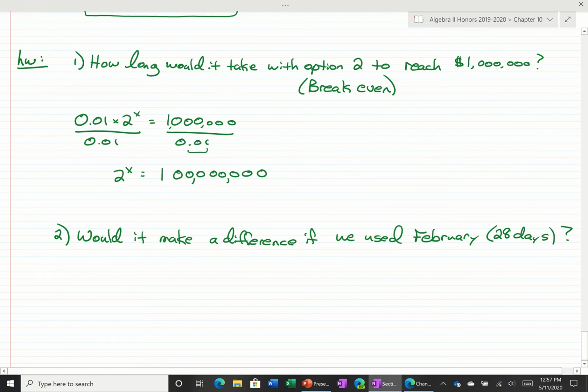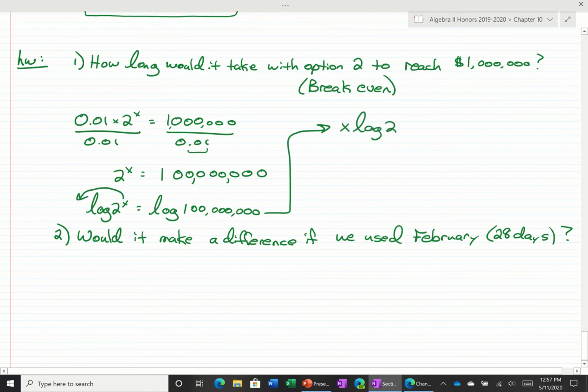Just let me check something here. If we take the log base 10 of both sides, we would get x times the log of 2. We're going to be using the power property.